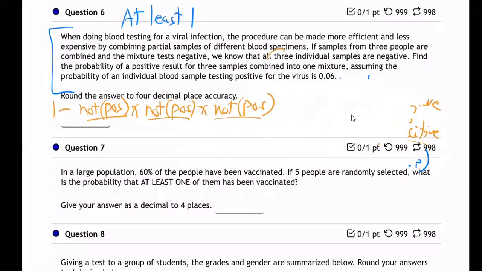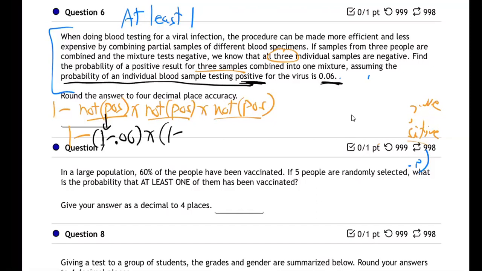3 samples. Okay, so it's going to be 1 minus. Now, what's the chance it's not positive? Well, the probability of positive is 0.06. So not positive is 1 minus 0.06 times 1 minus 0.06 times 1 minus 0.06. And then we got that other 1 in the front also. Are you tracking with all this?